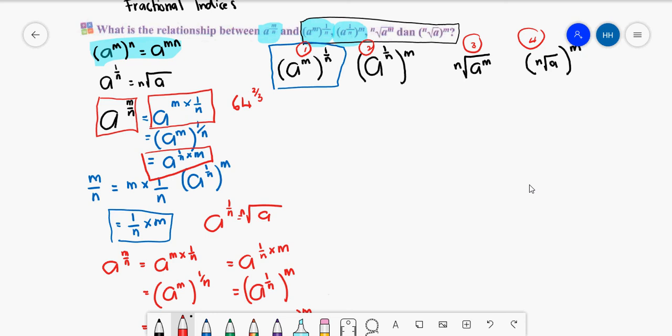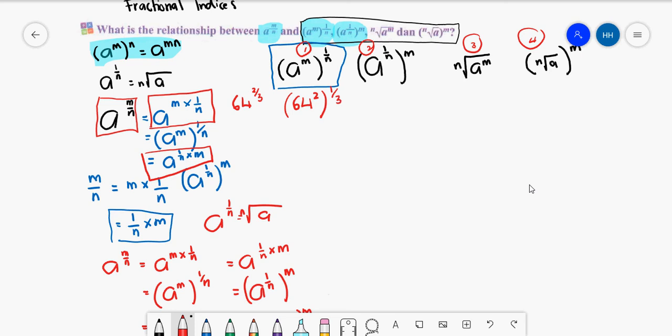For the first form we copy, because a here is 64, so we write 64, and then the power m, and m here is 2. Remember, m is the numerator, n is the denominator. So the denominator we put outside, 1 over 3, because this is 3.